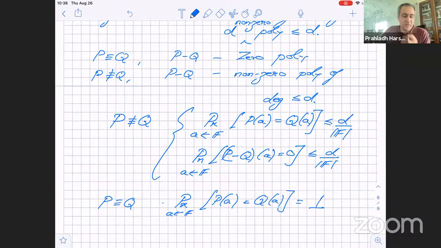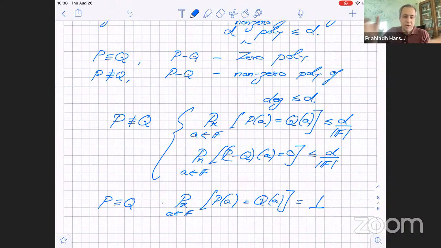So this is very natural. If you have a bound on the degree of the two polynomials, then an easy way to check if they are the same or distinct is to just evaluate the two polynomials at a random location. If they were actually the same polynomial, the evaluation is obviously going to be the same.